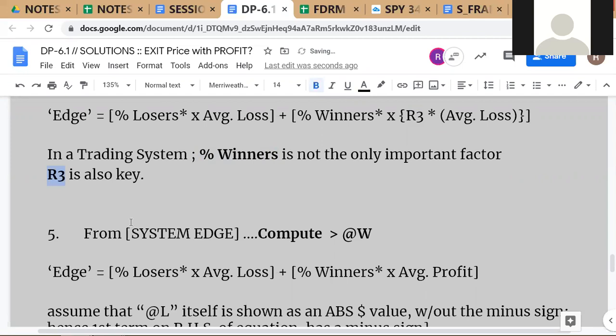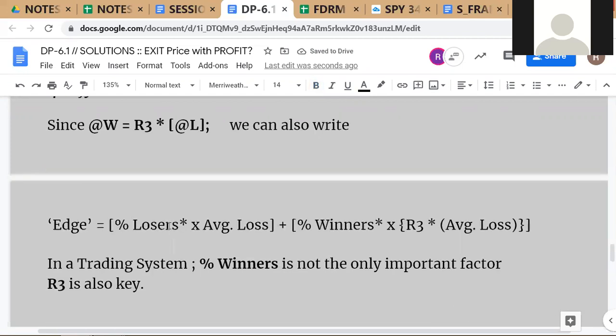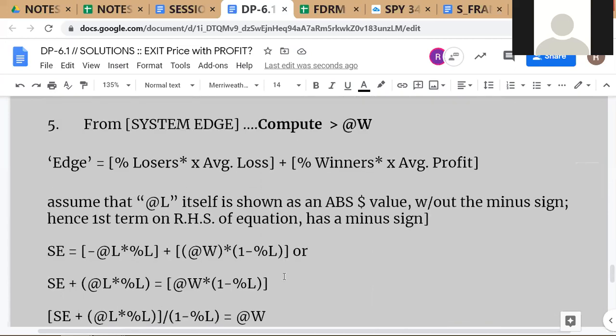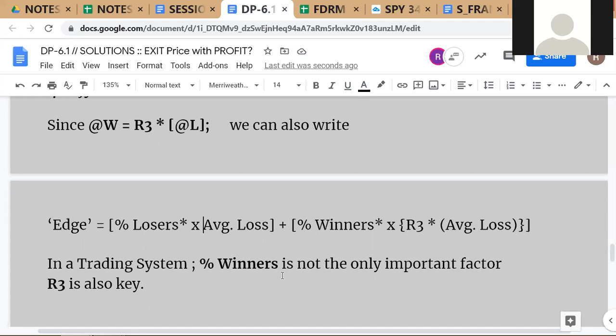Now this term comes out with a negative, because later on I've told you to write the average loss with a negative. So this should be slightly better written.